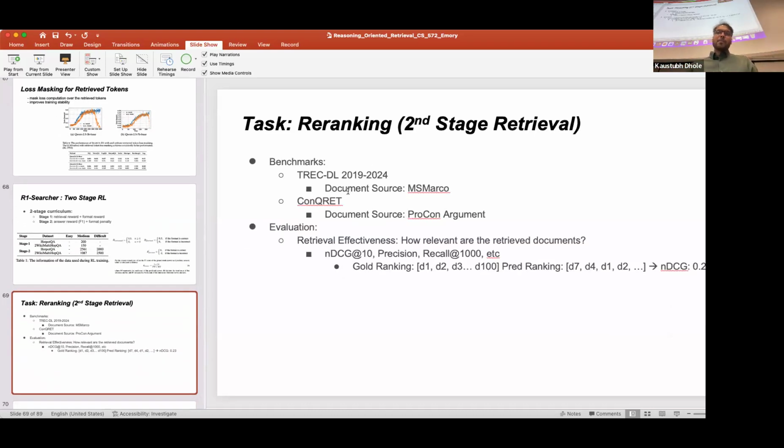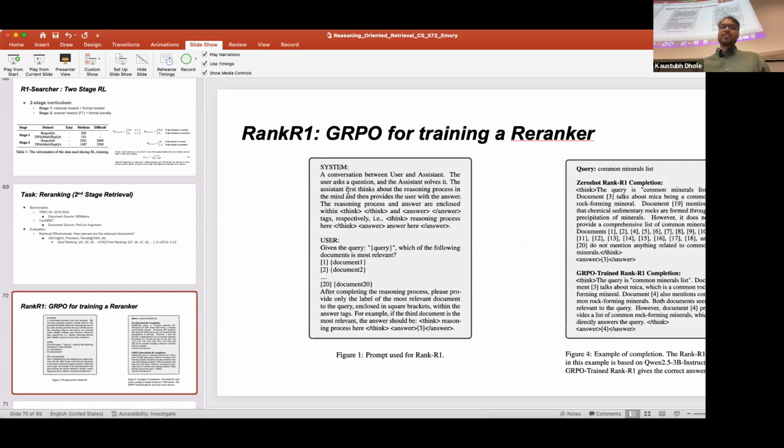Apart from RAG, people have used RL and GRPO based approaches for re-ranking as well, which is the second stage retrieval, which is essentially Rank-R1. Here, the system is given a prompt wherein, given a user query, which of the following documents are most relevant.